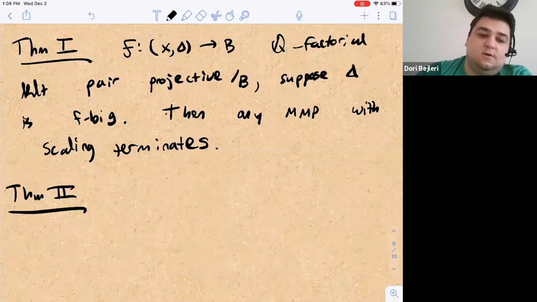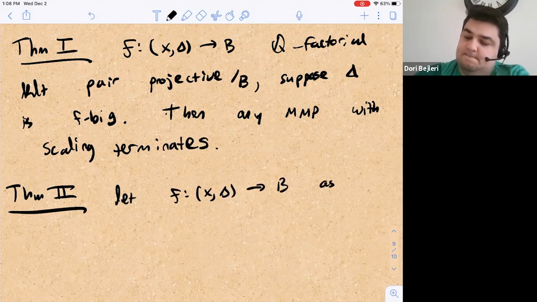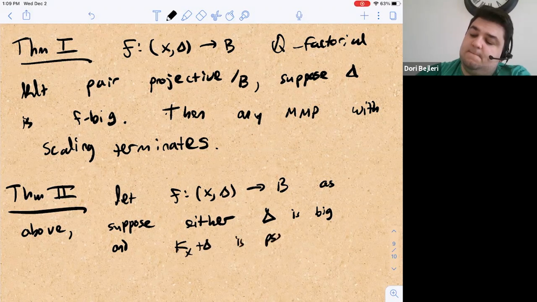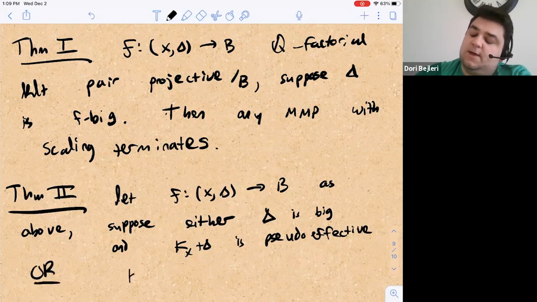So in the same situation, but suppose either delta is big and Kx plus delta is pseudo-effective, or Kx plus delta is big.